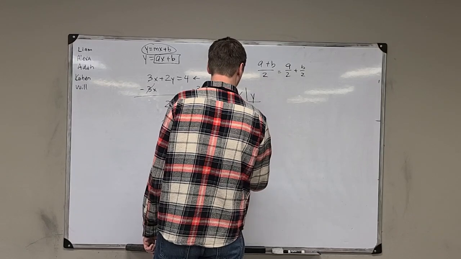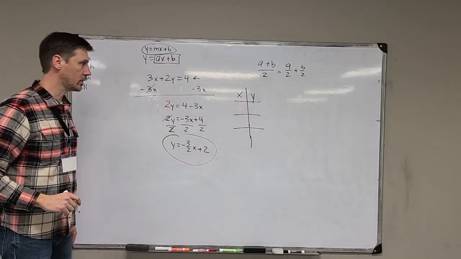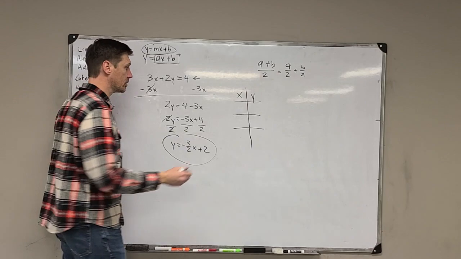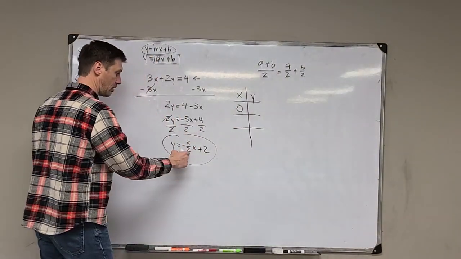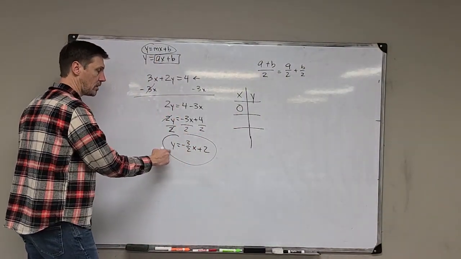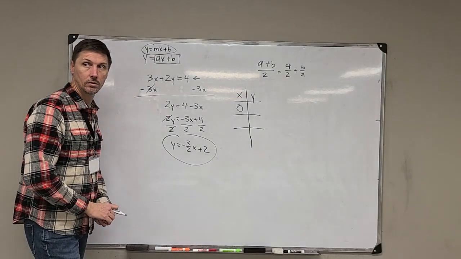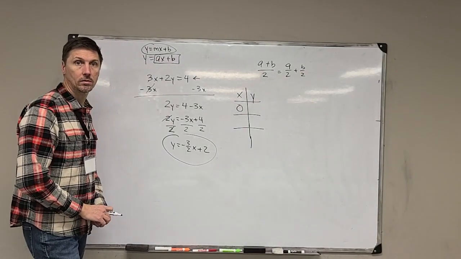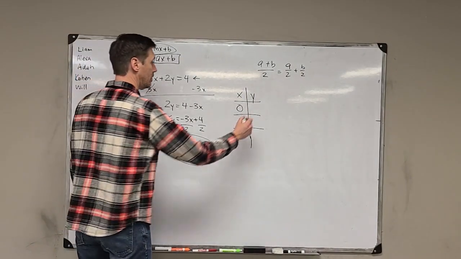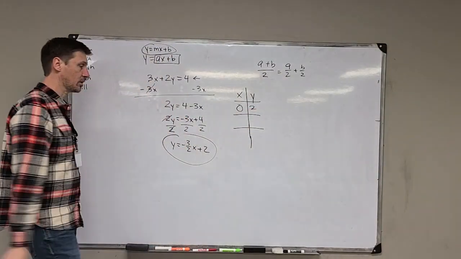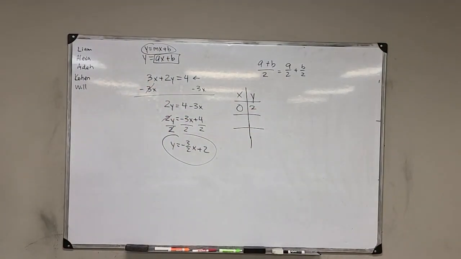I would recommend almost always one of those points is going to be 0, because that will get rid of our x term. If I plug in 0 for that, what is my y equal to? Just 2, right? If I plug in 0 for x, that term goes away and I'm left with y equals 2.